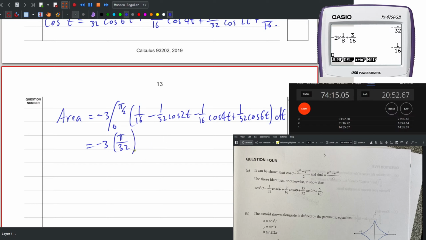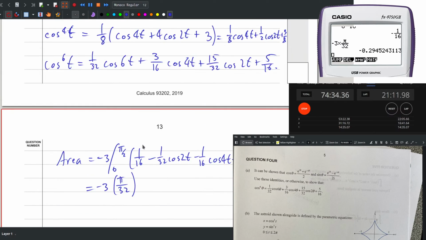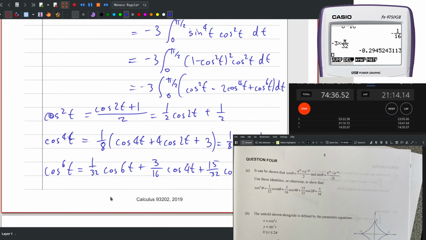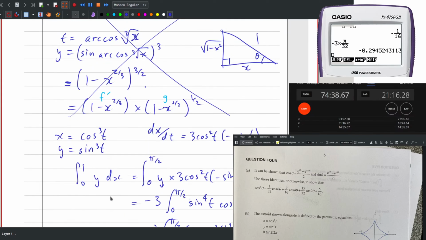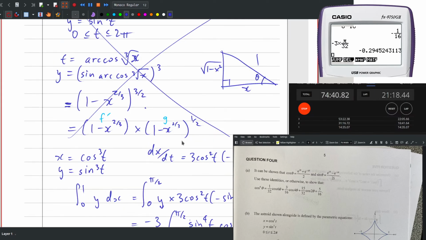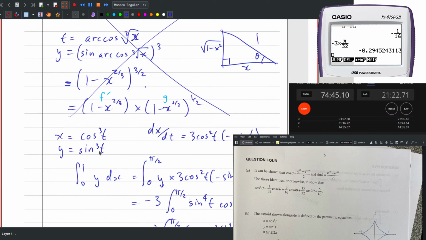So it should just be negative 3 times pi on 32, which I'm gonna call close enough to the numerical results of this. Yeah, that agrees to like 7 decimal places. The only sus thing is the negative though. I don't know where we messed up here. x equals cos cube t, y equals sine cube t.